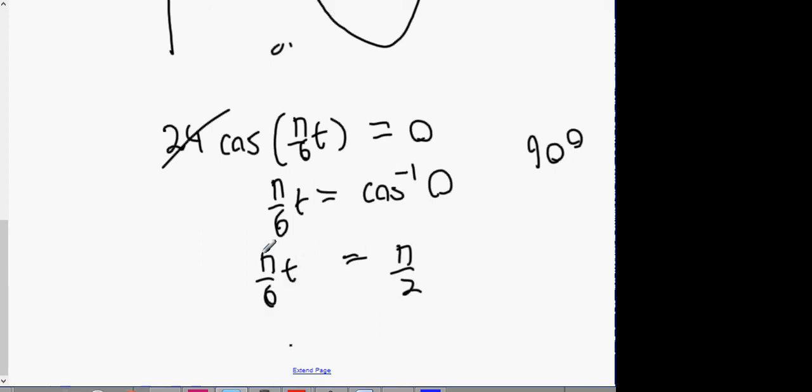Pi over 6t must equal pi over 2. The pi's cancel. The 6 goes up. T equals 6 over 2. T equals 3 seconds. 3 seconds into your motion, you should be at the top. Alright? Alright guys.